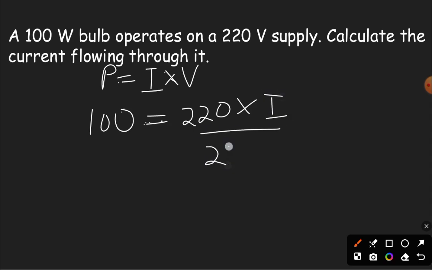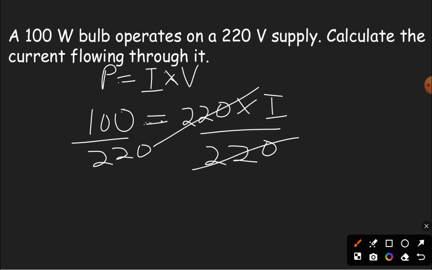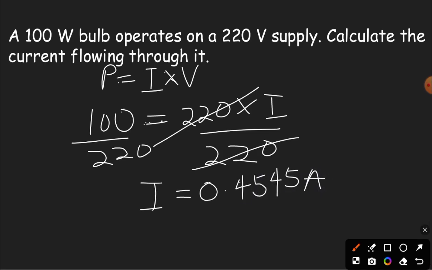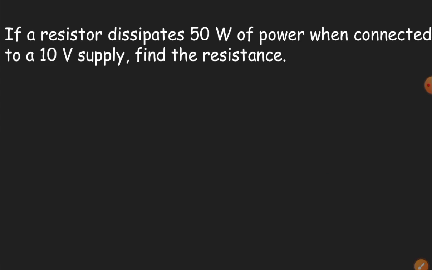So you have to divide both sides by 220 over 220. So 100 divided by 220. So our current is going to be 0.454 ampere.